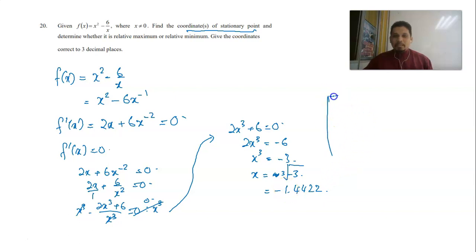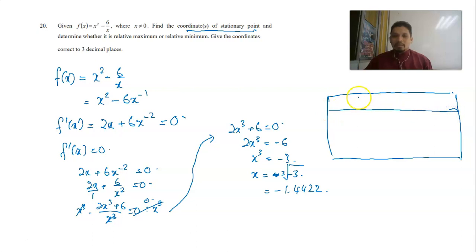Okay, let's say I use a table to check whether this is going to give us a relative maximum or minimum. So from negative infinity until negative 1.44, and then from negative 1.44 to positive infinity.